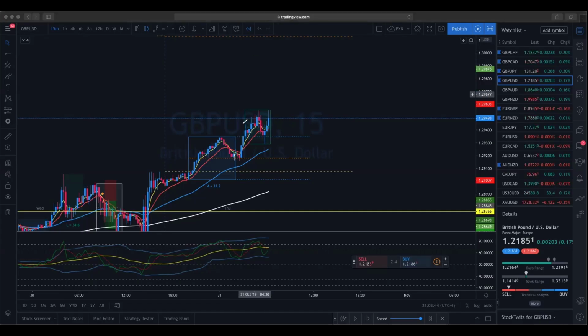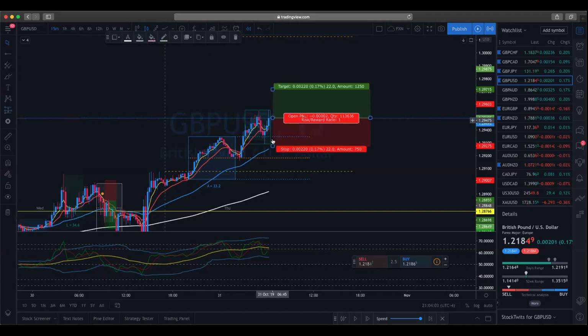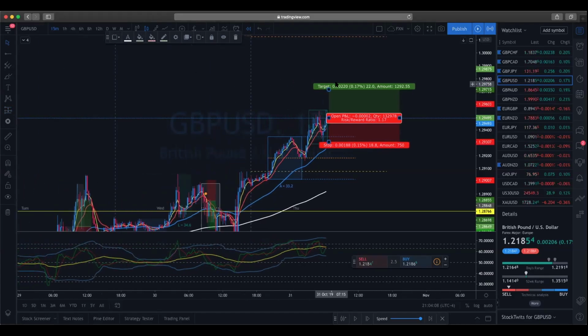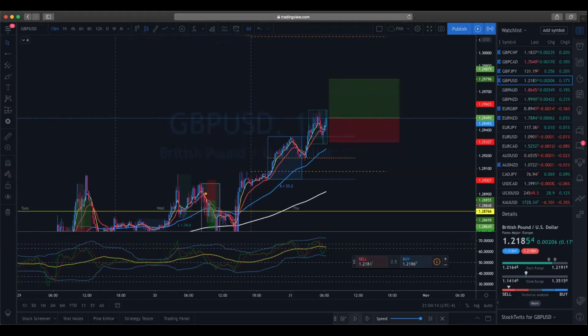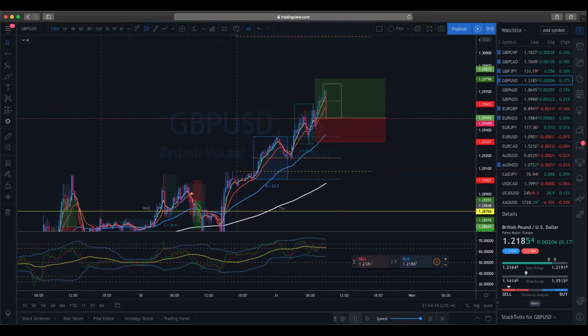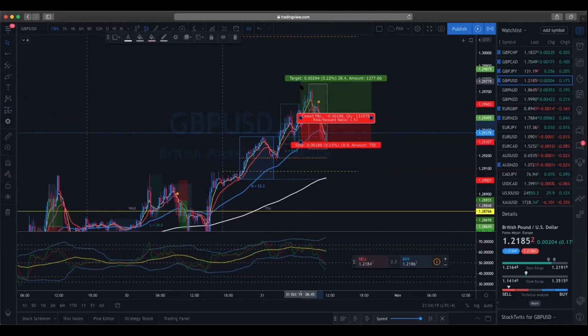All it is is this right here on the top of the range. Where's 30 pips at? It doesn't go quite 30 pips. It goes 23 pips and then turns.